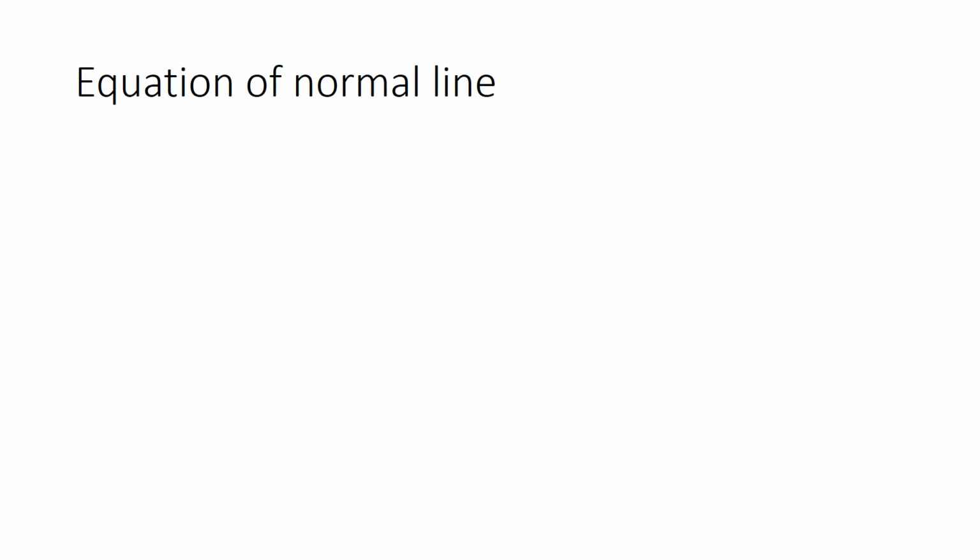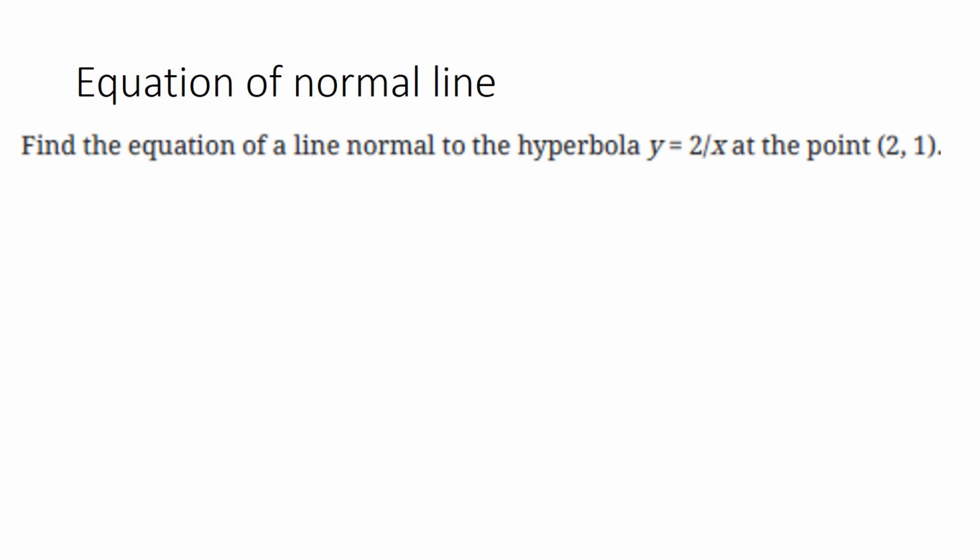Now when we're finding a normal line, we have to remember that the slope of a normal, or a line perpendicular to another line, has the slope of negative the reciprocal. So first we have to understand the problem. It's got a formula, y equals 2 divided by x, and we need to find the normal at some point 2, 1.